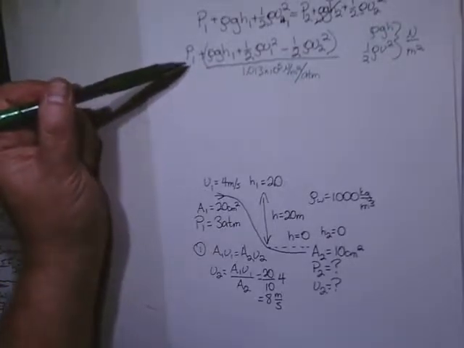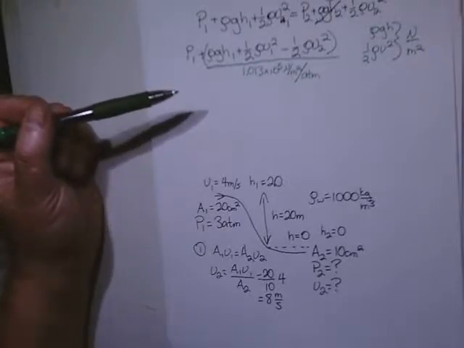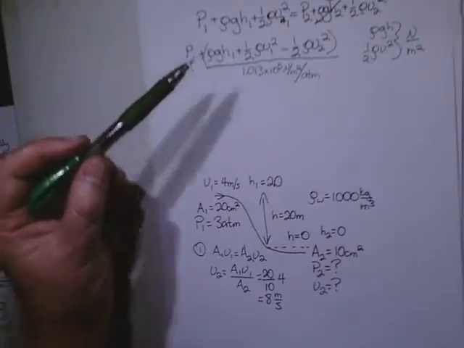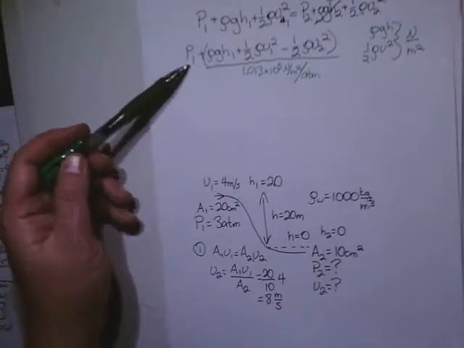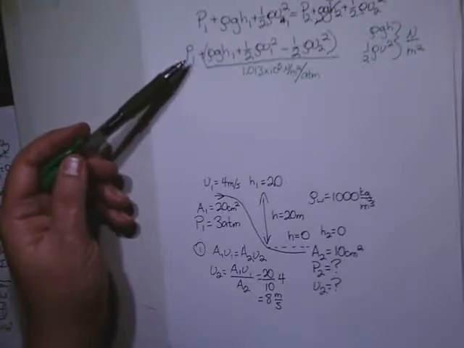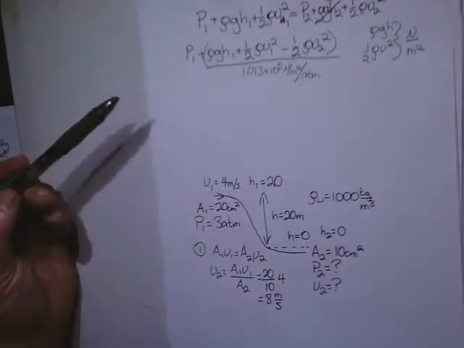P1 is already in atmospheres because I said so, so I don't have to convert that one. If I had asked for newtons per meter squared and I had given that in atmospheres, I would have had to multiply that by the number and I would leave those three alone.